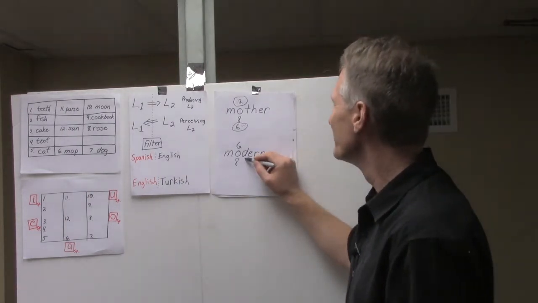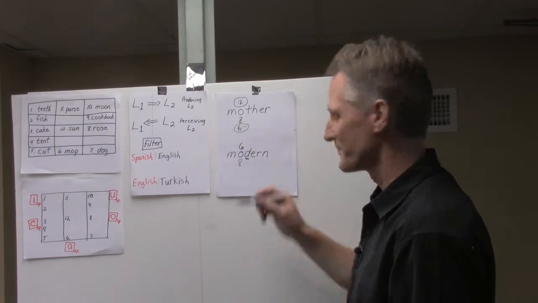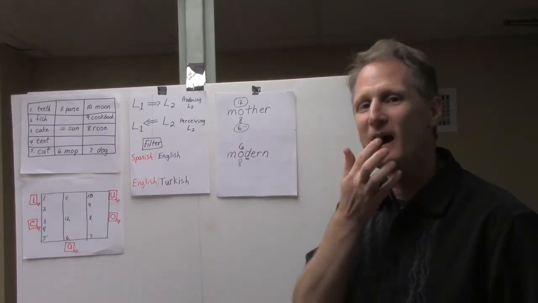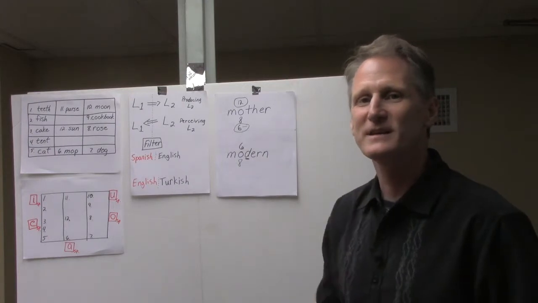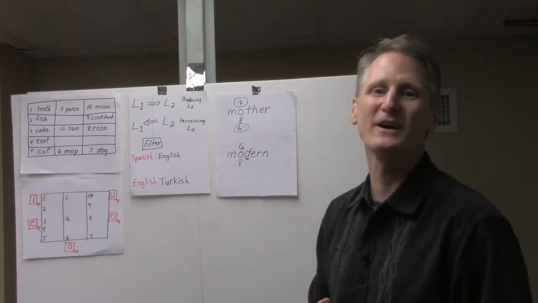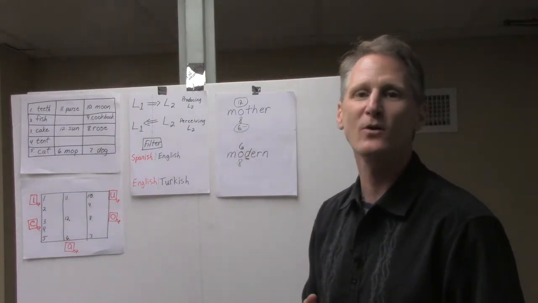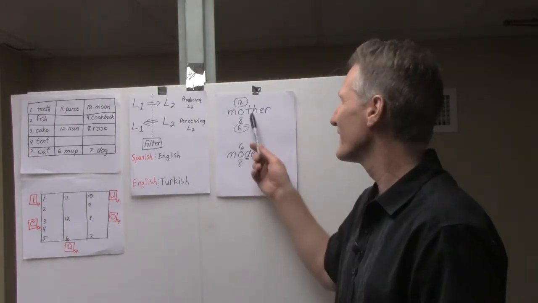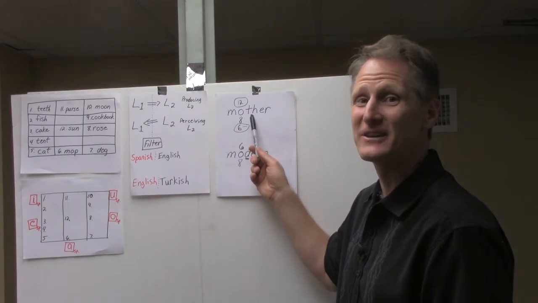The D in Spanish is usually pronounced with the tongue touching the front teeth. Moderno, moderno, moderno. The tongue is coming out. It's very close, actually, to this TH.